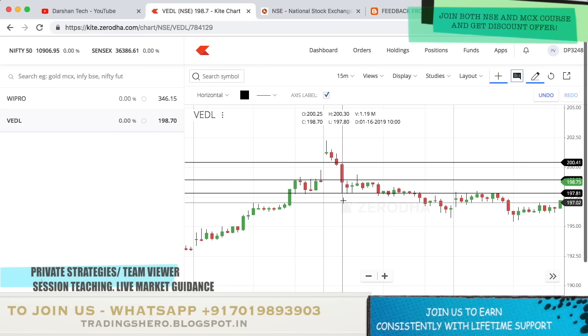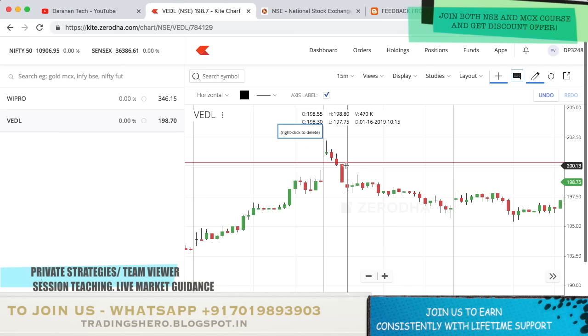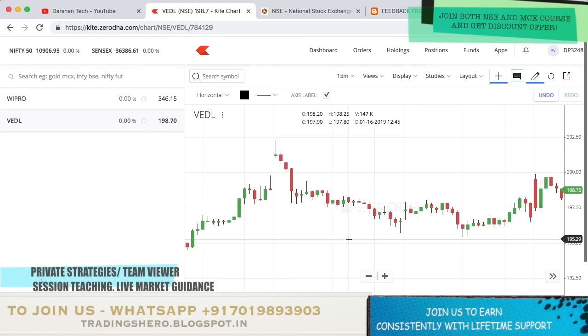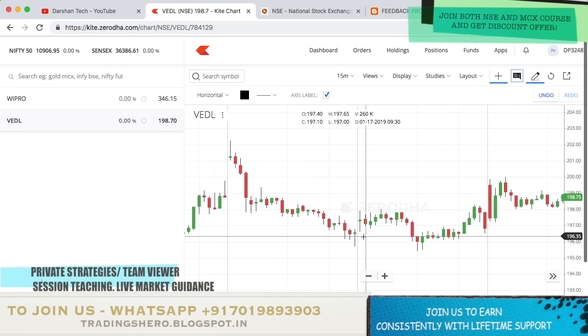Once you sell it, as you can see, the stock fell all the way down to 195.70 on the day. So this is how the strategy works. It is very simple and easy, and there is no need to use any indicators. You can keep 0.3 to 0.5% as a target and it will work easily.